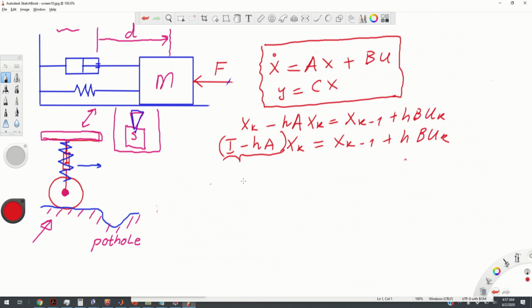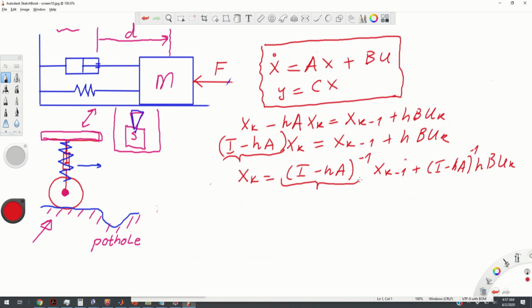Assuming that this matrix is invertible, we can express xk as identity minus ha inverse xk minus 1 plus identity minus ha inverse multiplying hbuk. Now, this matrix over here will be our A discrete, and this matrix here will be our B discrete.